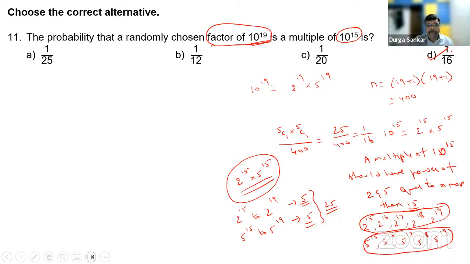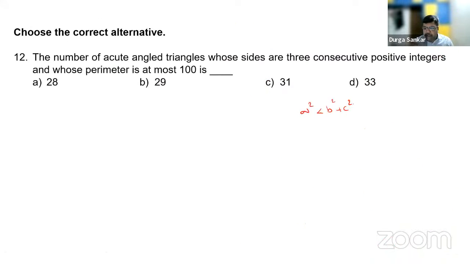Welcome. Next one. Where were we? Acute angle triangle, which means it must satisfy a square is less than b square plus c square, where a is the largest side. And 3 consecutive positive integers, which means the first set I can think of is 1, 2, 3. The second, 2, 3, 4.